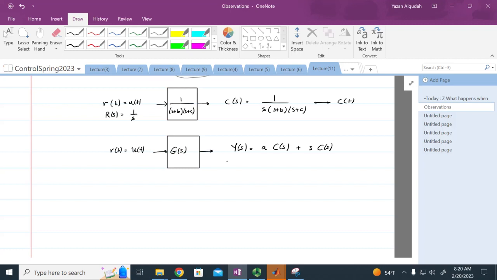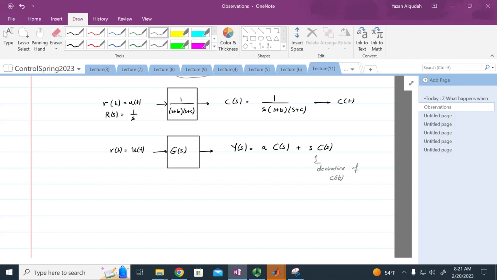Step response. s multiplied by any C of s, what is it? Properties of Laplace transform? The derivative of the response, excellent. So this s multiplied by C of s represents the derivative of c of t. Does that make sense, everybody? So when we have a zero in the numerator, we're getting the response of the system plus the derivative of that response.